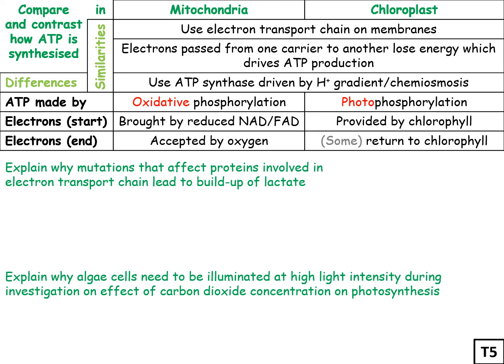In non-cyclic phosphorylation, the electron eventually is used to reduce NADP, which then goes to the Calvin cycle of the light-independent stage, whereas if it's cyclic phosphorylation, where there is no NADP available, the electron then returns back to the chlorophyll of photosystem 1 or even photosystem 2.